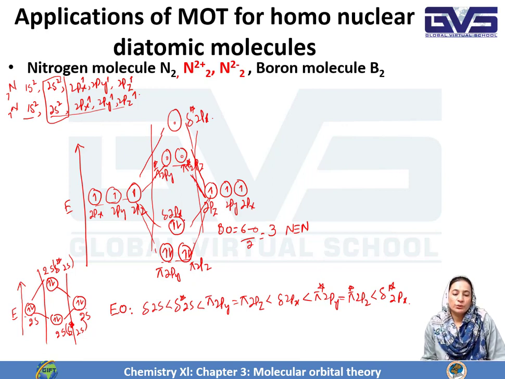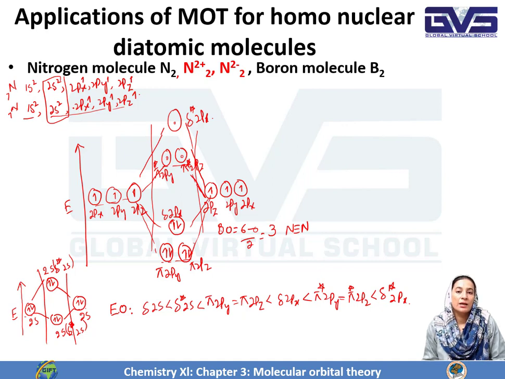Here you should notice that sigma 2px is at a little higher energy as compared to pi 2py. I will explain the reason in detail. I will just let you know that the difference of energy between 2s and 2p is very low, so just consider that before overlapping they intermix. The p orbitals obtain s character, while the s orbitals attain p character, so both are sp-like.